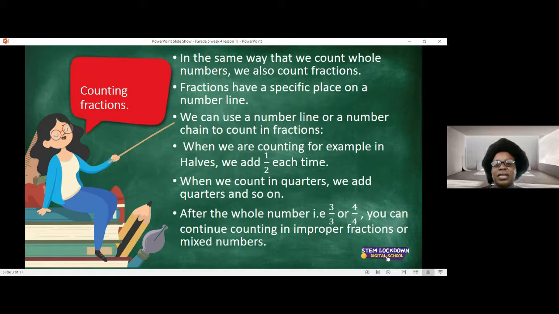After the whole number, when we are counting, you have a choice. Unless your teacher specifies, you can count in improper fractions. So say, for example, 3/3, then the next one will be 4/3, followed by 5/3, 6/3, 7/3, and so forth. That is counting in improper fractions.